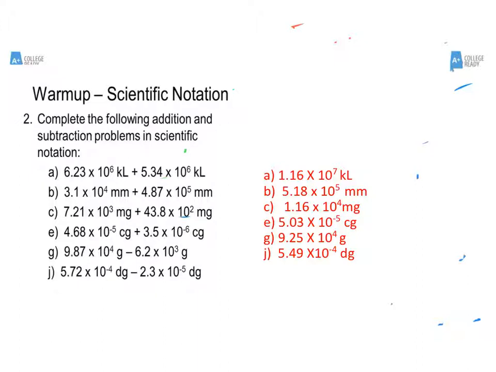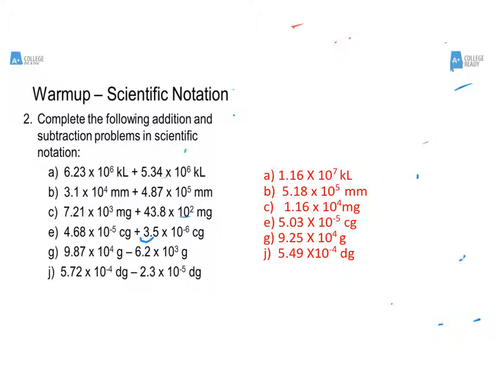Let's look at the next one. This will be number 4. Here we have some negative exponents, and I notice they are not the same. I'm going to move this decimal over to the left.